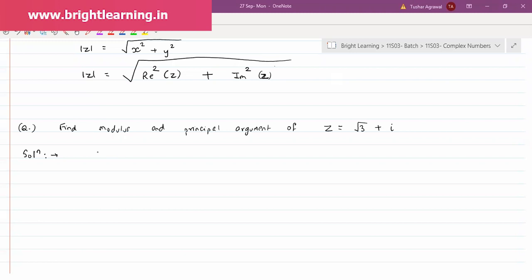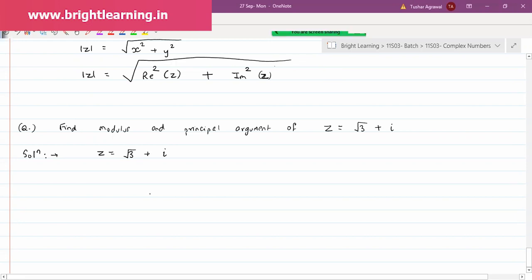So here z is equal to root 3 plus i. You have already given this question very systematically: x plus iy, where x and y are both purely real numbers.